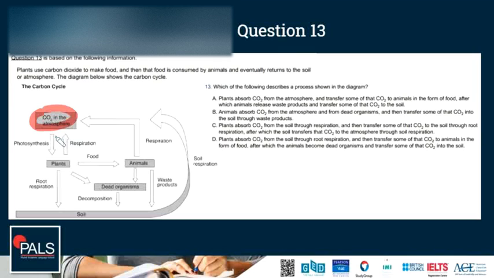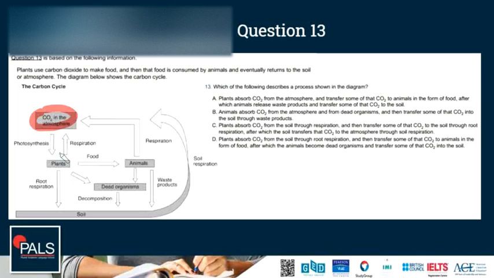That carbon dioxide in the atmosphere in this diagram is absorbed by plants by the process of photosynthesis. Plants use their own food in respiration to release the energy from it again for different cellular processes or growing bigger, releasing carbon dioxide to the atmosphere again.